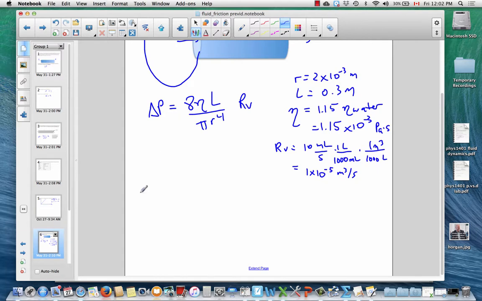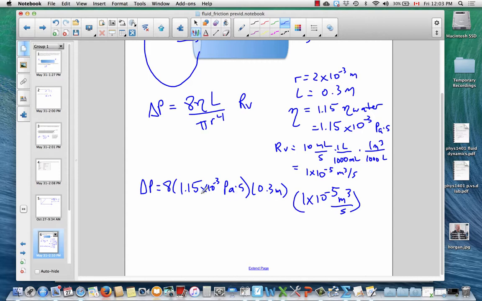So now we can calculate that pressure head loss. So we'll substitute in everything with the units, because we usually do the calculations with units at least once, just to show it all works out.